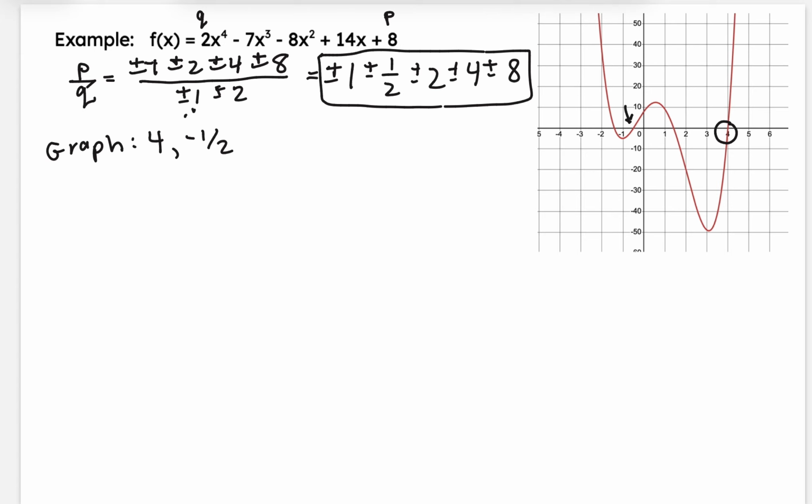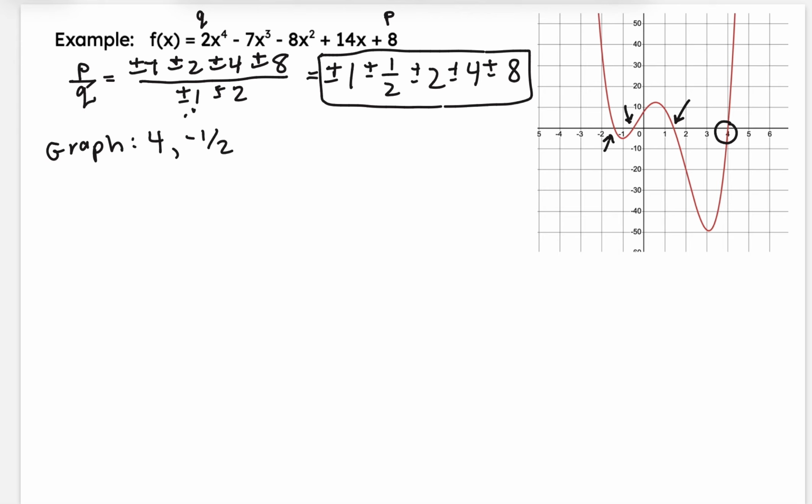Now, I know that this zero and this zero are not in my list because if it was like 1.5, that would be 3 over 2. Well, 3 over 2 is not in my P over Q list. The only fraction I have is positive and negative 1/2. So that's why I'm just zeroing in on looking at those areas. Okay, so that was step 2.